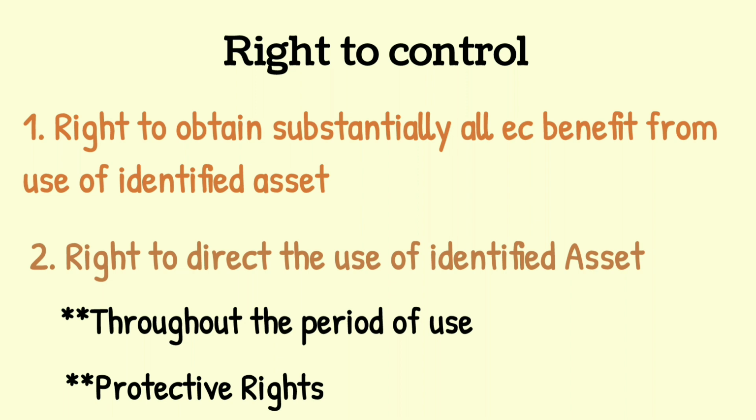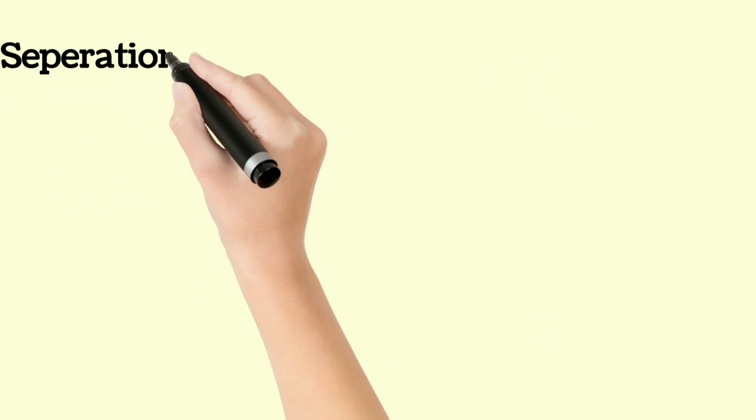Let's say supplier A has leased out his vehicle for a period of 5 years to customer B. But supplier A has prohibited certain uses of the vehicle and modification to the vehicle to protect the interest of the asset. So such rights will be considered as protective rights, and they will not affect the assessment of whether customer B can direct the use of the asset. So such a contract can also be considered as a lease even if the supplier has protective rights with himself.